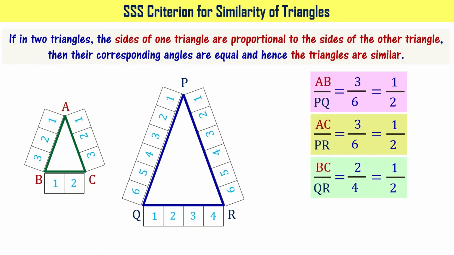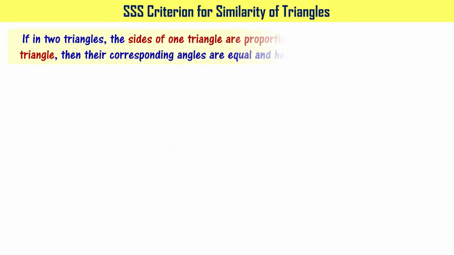And BC by QR is 2 by 4, that is equal to 1 by 2. So we have now seen that for these two triangles, triangle ABC and triangle PQR, the sides of one triangle are proportional to the sides of the other triangle, right?